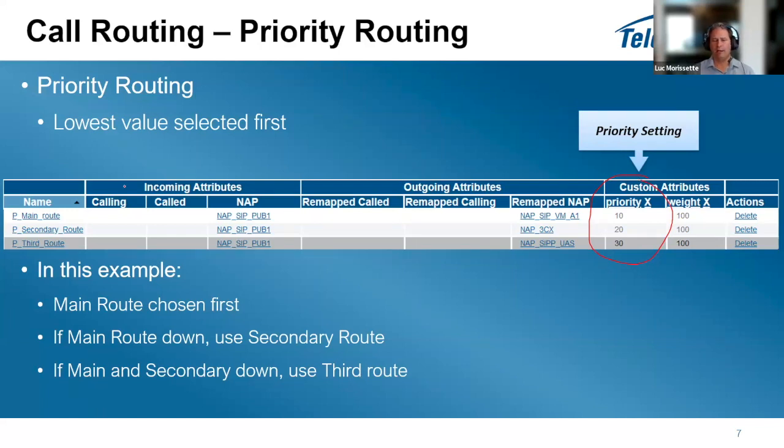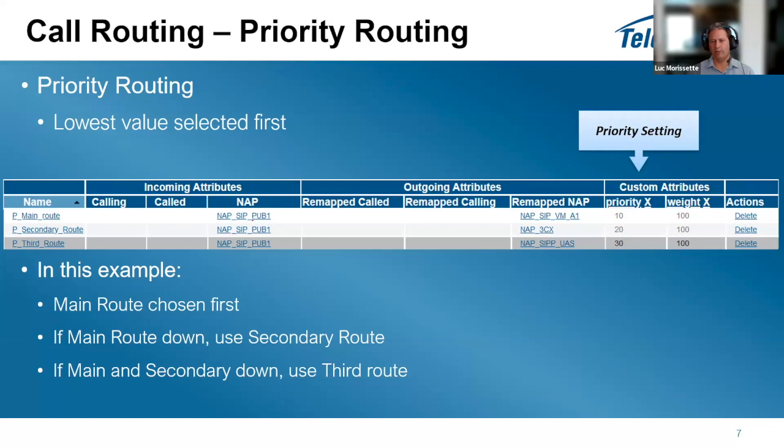When you set that information, it will be the lowest value that will be selected first. So for the same incoming attributes, the priority will be identified for each of the routes, and the lowest value will be chosen first. So in this example, the main route is chosen first because it has the lowest value here.